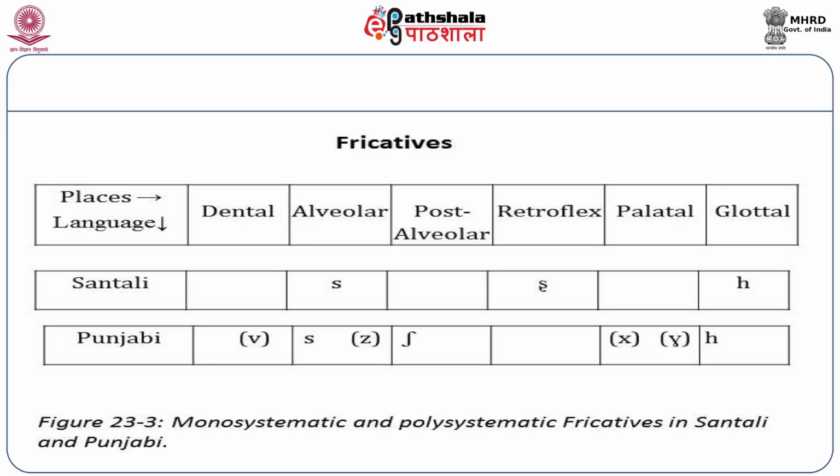Similarly, gh may be freely varying with the phoneme g. Thus, kh and gh are only marginally phonemic because it is only in the speech of some speakers that they contrast. There are some well-known cases of problems in phonemicization in languages.